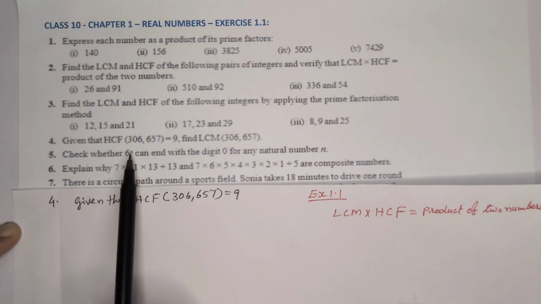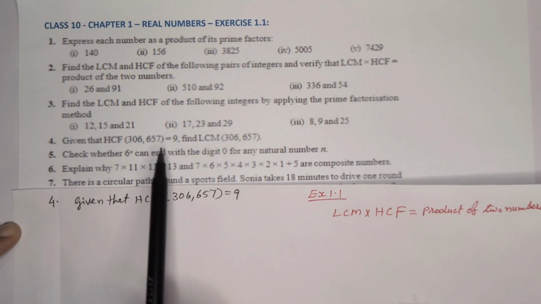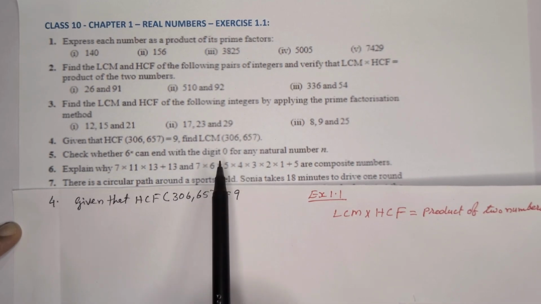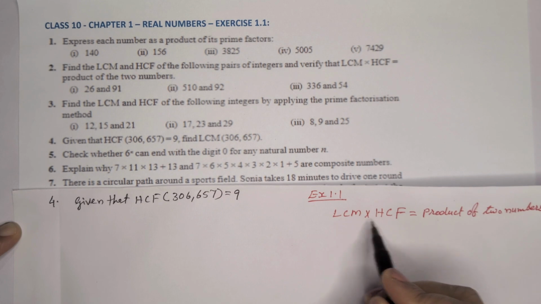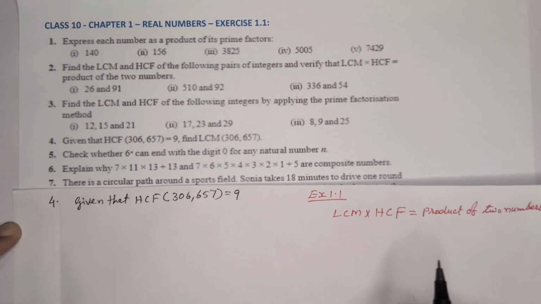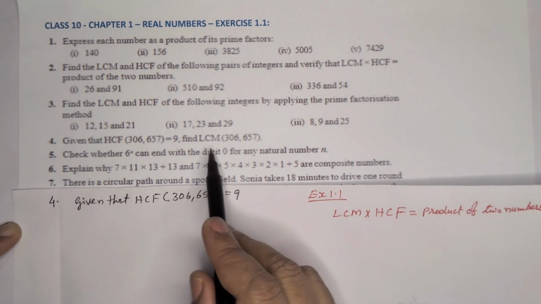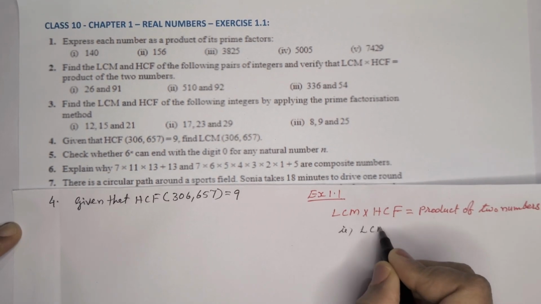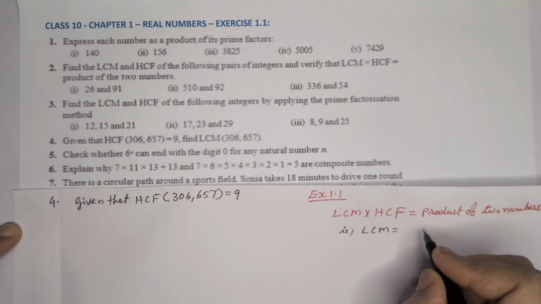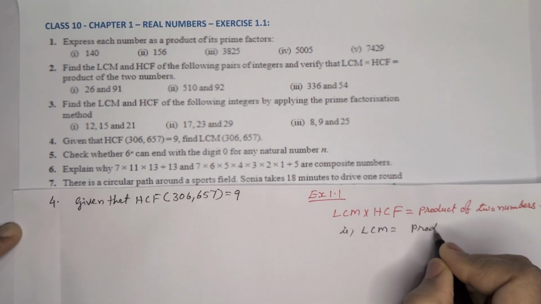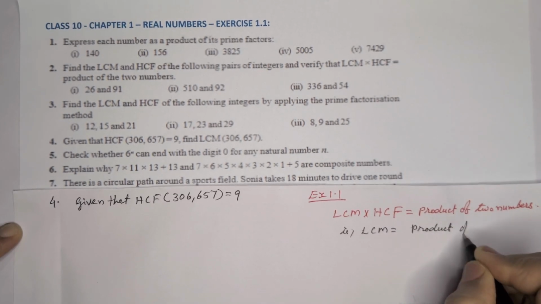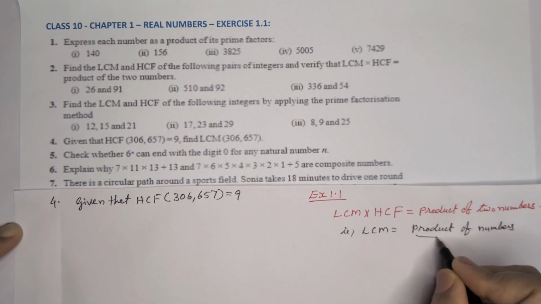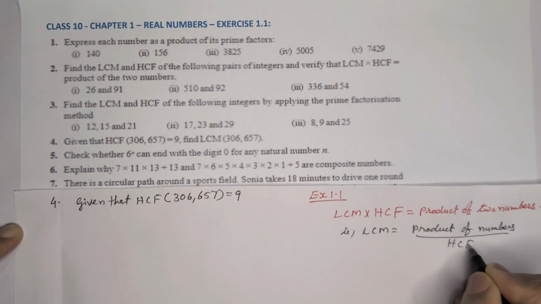Fourth question, given that HCF of 306 and 657 is equal to 9, find the LCM of 306 and 657. We know that LCM into HCF is equal to the product of the numbers. Here HCF is given and we have to find LCM, so LCM is equal to the product of the two numbers divided by HCF.